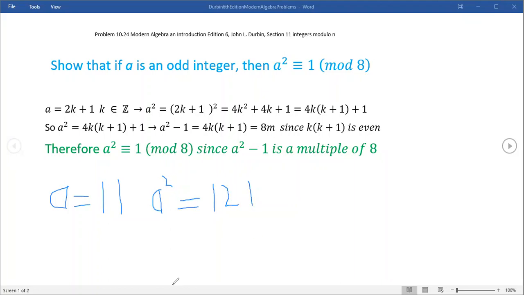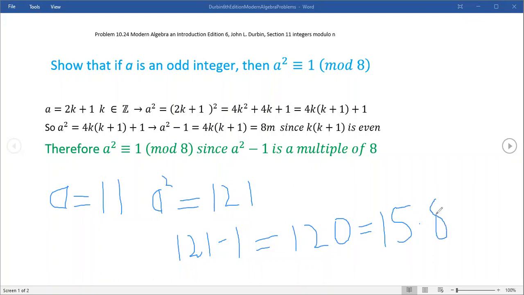But notice that 121 minus 1 equals 120. That is a multiple of 8. That would be 15 times 8. So you see it works, and you get that it's a multiple of 8, therefore making it congruent to 1 mod 8.